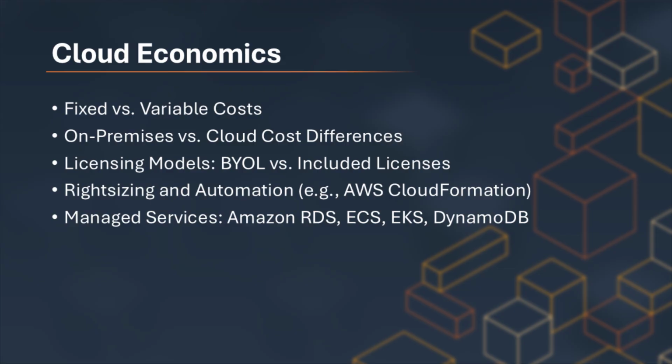Managed services like Amazon RDS, Elastic Container Service, Elastic Kubernetes Service, and DynamoDB reduce operational overhead. With RDS, AWS handles database backups and updates, freeing you to focus on your application. Exam questions may ask how these services save costs, so highlight automation and management.